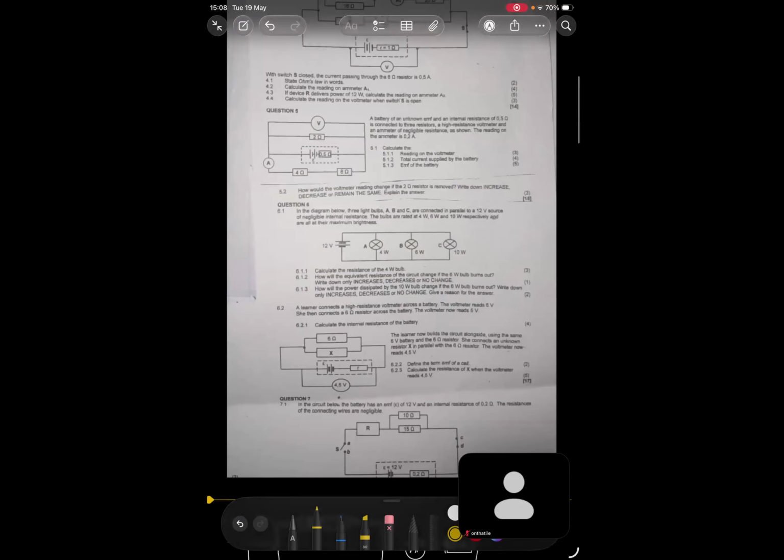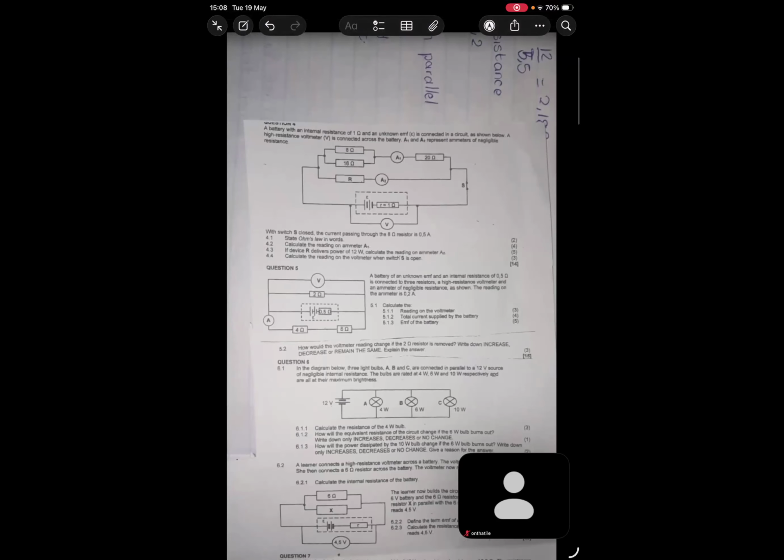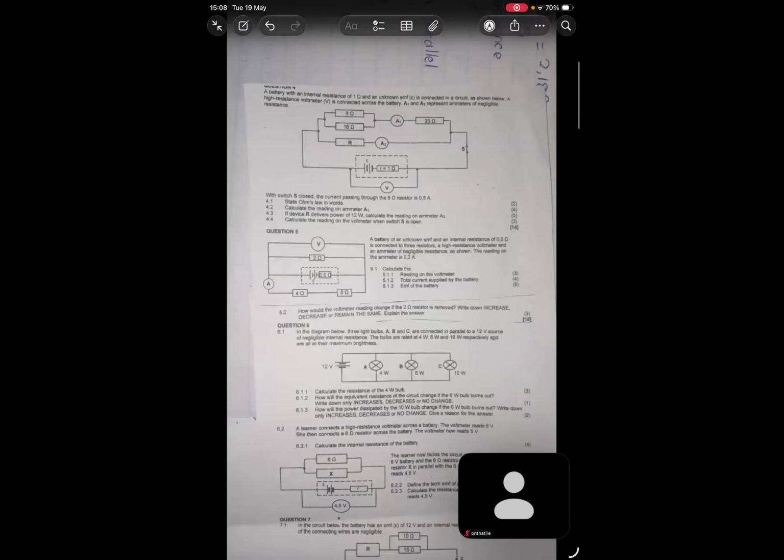So let's see what the question is looking for. Now they're looking for the ammeter A1. When switch S is closed, the current that passes through the 8 ohm resistor is 0.5.